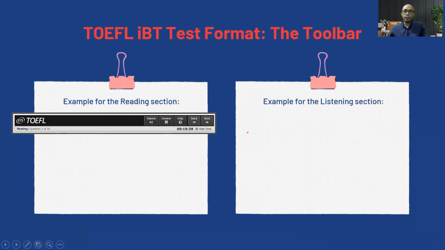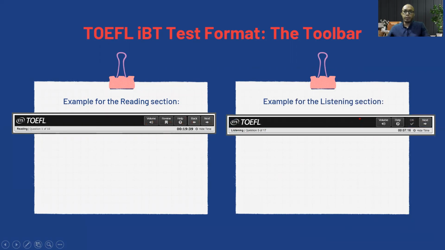And then for the listening, it will change slightly. As you can see right away, there's a back feature in one and no back feature in the other. This indicates that in the listening you won't be able to return to the previous questions, whereas the reading will allow you to do that.